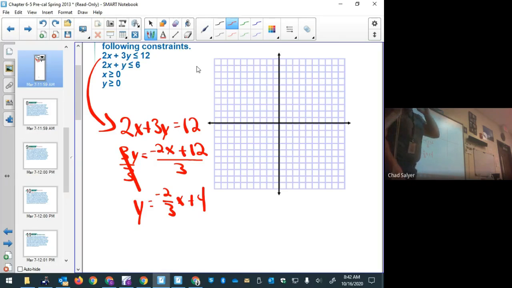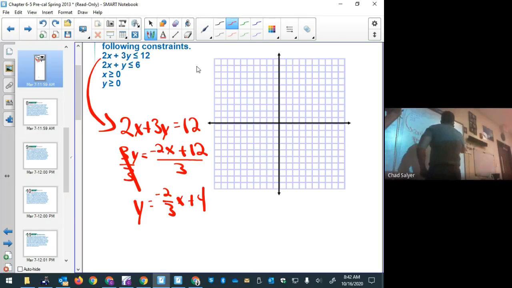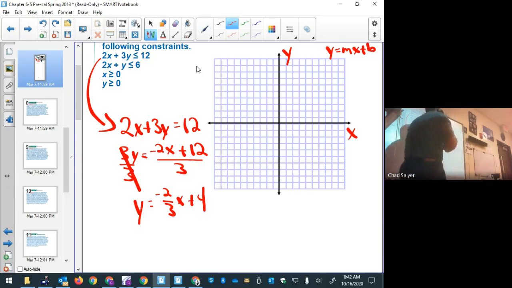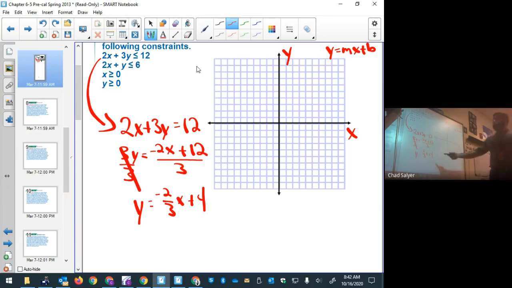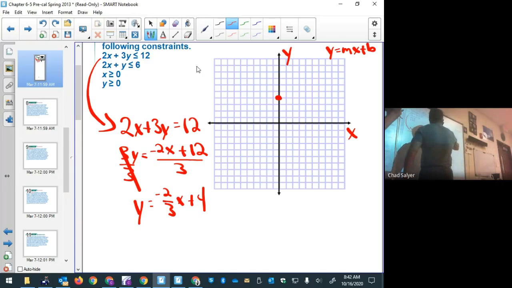Say again. Okay, so with linear equations, which is y equals mx plus b, remember that the y-intercept is the b value. It's okay, 4 is what I'm looking for. 1, 2, 3, 4. So 4 is our y-intercept.